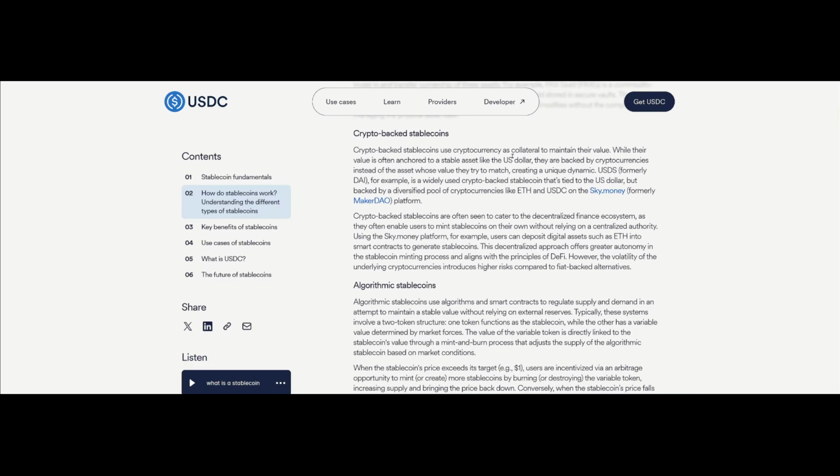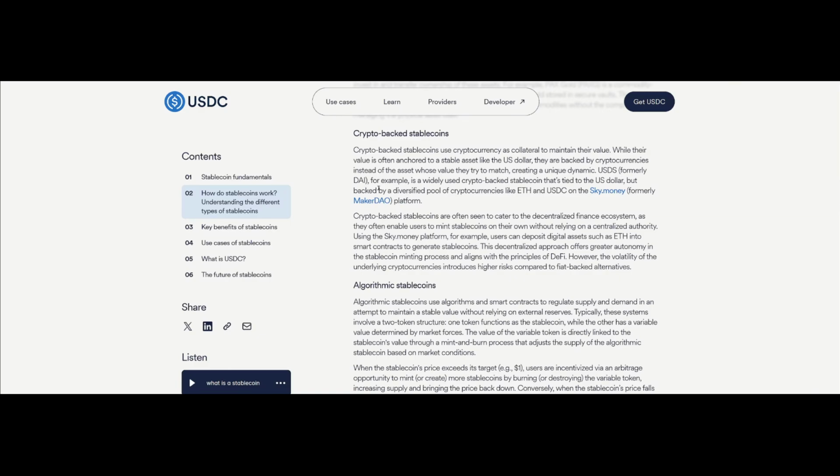Crypto-backed stablecoins use cryptocurrency as collateral to maintain their value. While their value is often anchored to a stable asset like the US dollar, they are backed by cryptocurrencies instead of the asset whose value they try to match, creating a unique dynamic.